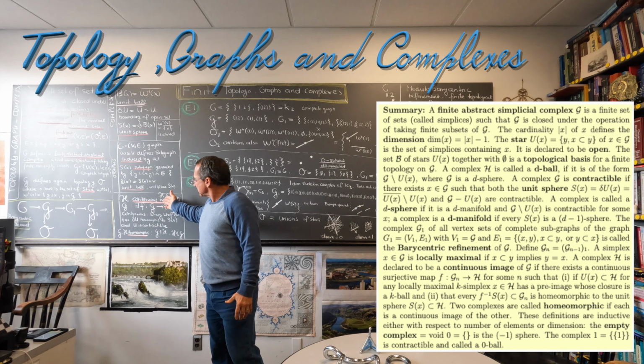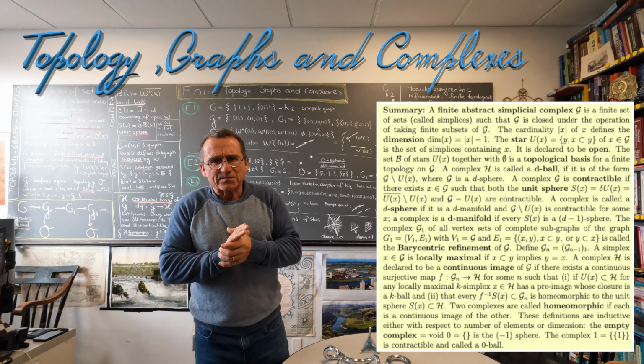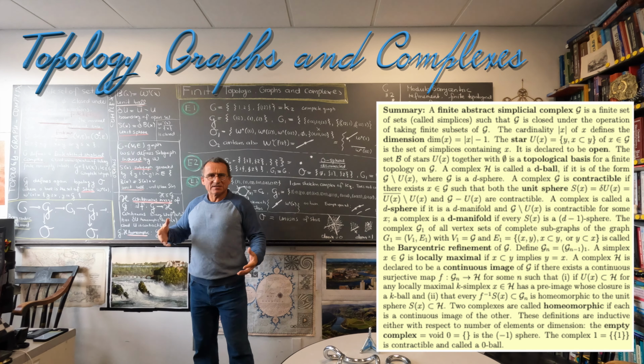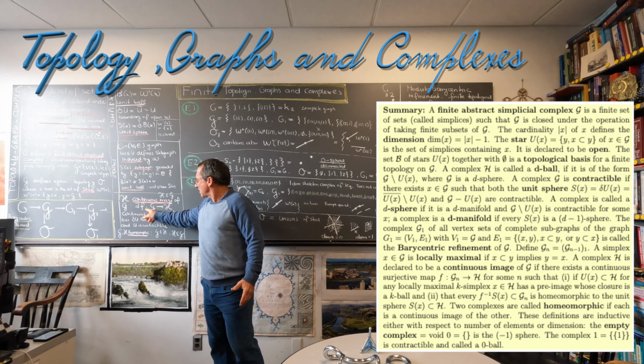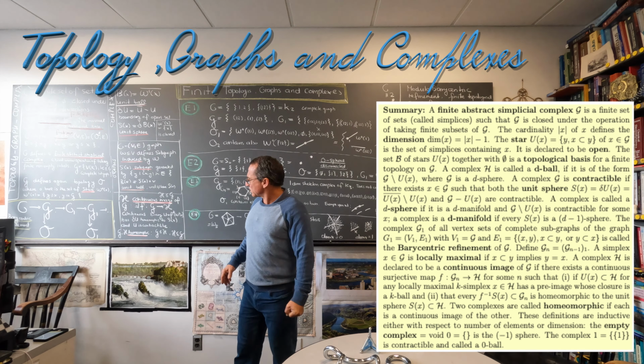I define it as follows: a complex is a continuous image of another complex if there exists a continuous map, in the classical sense, from G to H, from this topological space to this topological space.